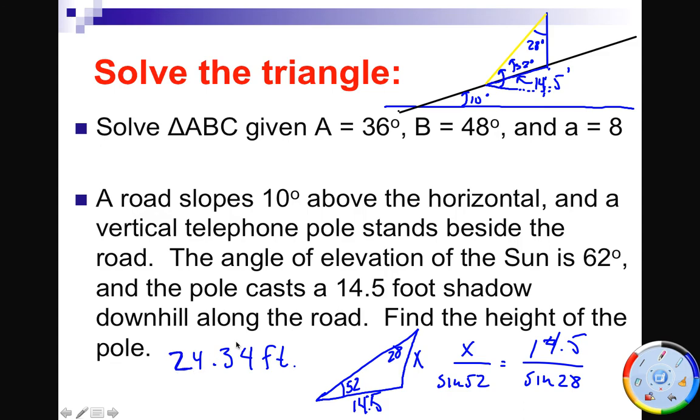Now, honestly, the math wasn't hard. Drawing the picture was the hard part. They're probably not all going to be this challenging. So I really do want you guys to try to draw the pictures if they don't give you a picture already. Now this particular textbook likes to draw the pictures for you, which is good and bad at the same time.